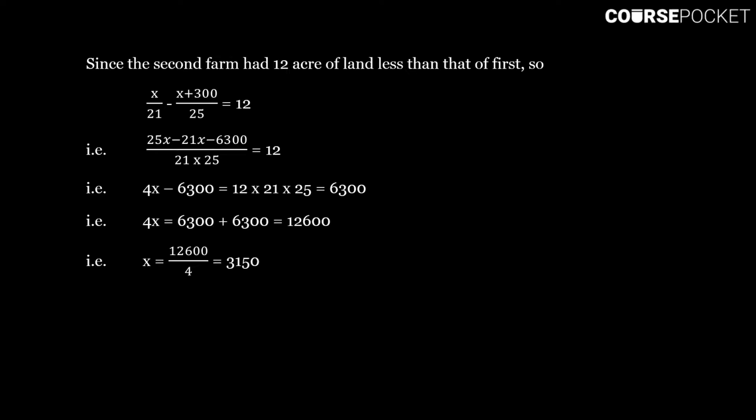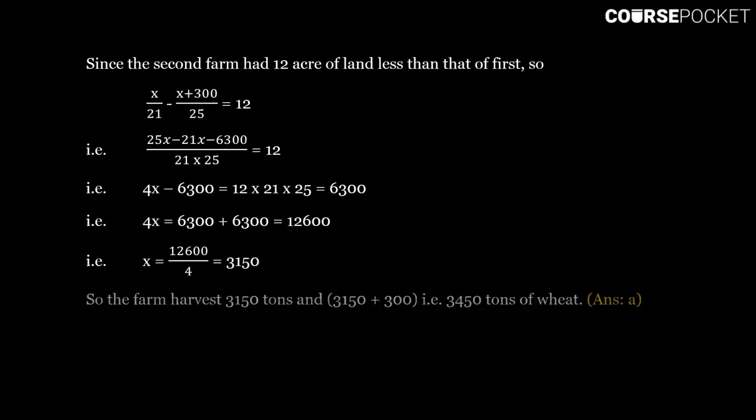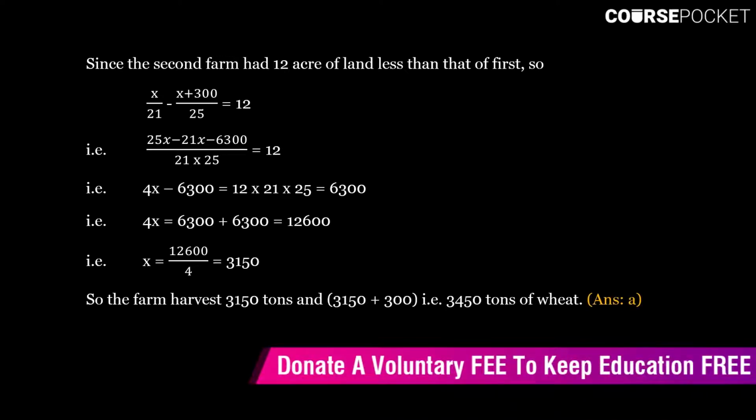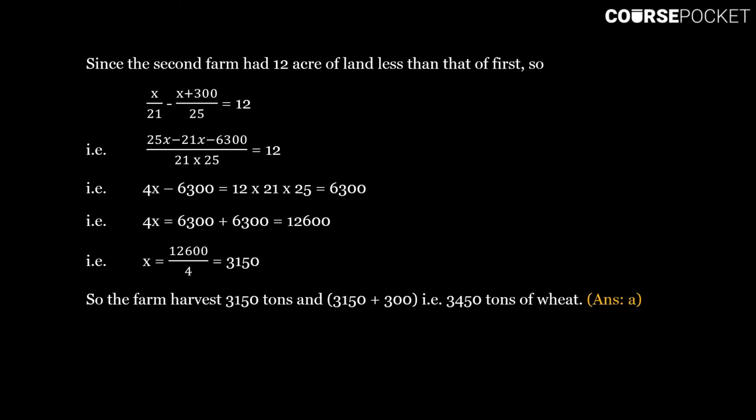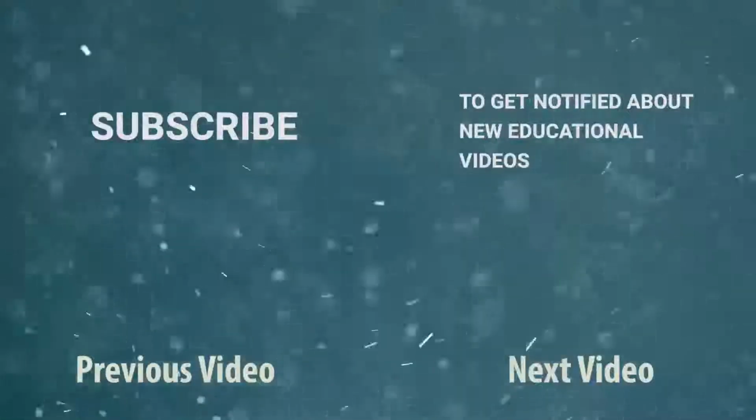Thus, 4x is equal to 6300 plus 6300, that is 12600, which gives x is equal to 3150. So the first farm harvest 3150 tons and the second farm harvest 3150 plus 300, that is 3450.